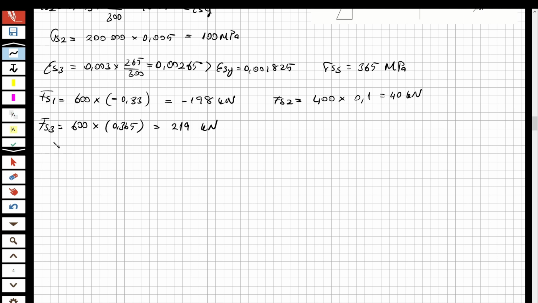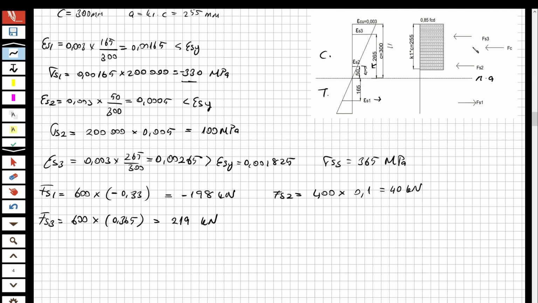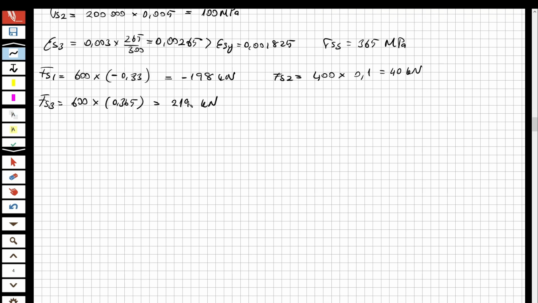So now I got the forces, but look at here, we also have the concrete force, right? I got three forces, but I also have the concrete force. Let's calculate the concrete force also. F concrete is equal to 0.85 multiplied by the design strength of concrete multiplied by b multiplied by a. So 0.85 multiplied by 0.011 multiplied by b.